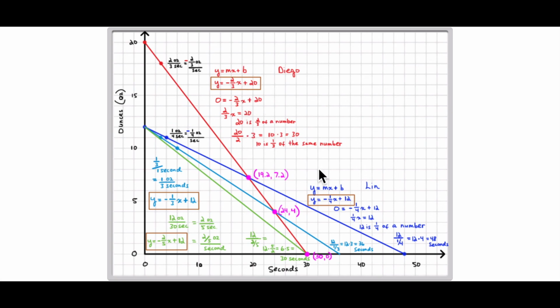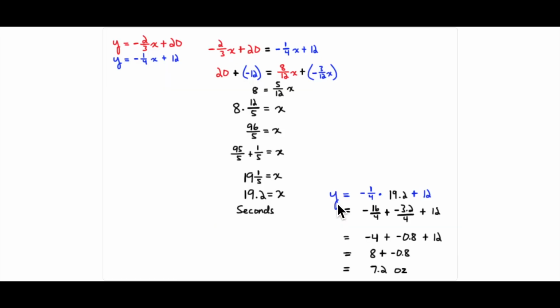So you set these 2 equations equal to each other, and you solve for the amount of time. So here are the 2 equations. So negative 2/3 ounces per second, or negative 1/4 ounce per second, beginning with 20 or beginning with 12. And you know that at some point in time, they have the same volume remaining because Diego has finally caught Lynn. So to figure out what that time is, set them equal to each other. So now they have the same volume remaining.